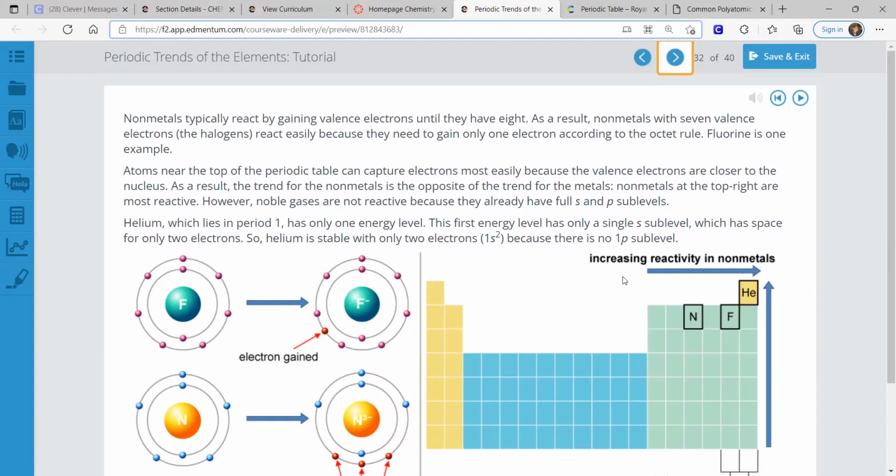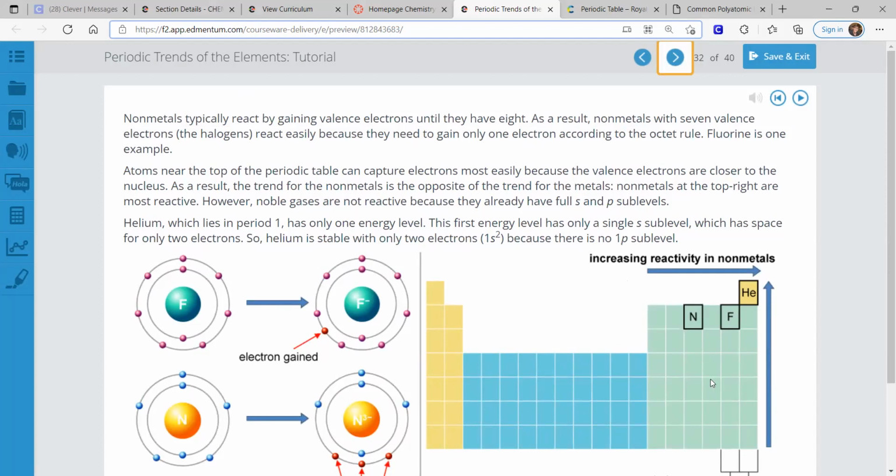The reactivity in nonmetals, so this group up here, or to the right of the table, the nonmetals are more reactive if you go right and upward, so the opposite of the metals. The most reactive metal is down here and to the left.